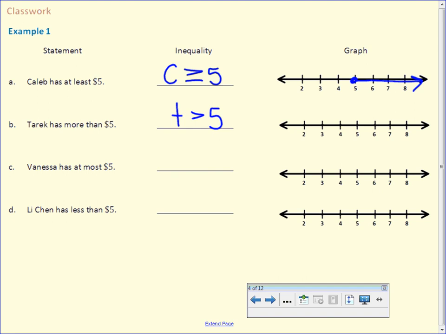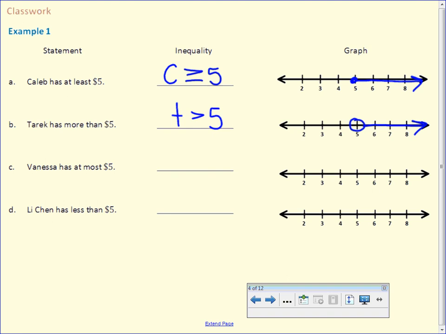It cannot be 5. So how am I going to put this on my number line? I have to be careful. I can't start at 6 because it could be 5.50, 5.25. What am I going to do? Exactly, an open circle and then the arrow. So it means greater than 5, but not including 5.